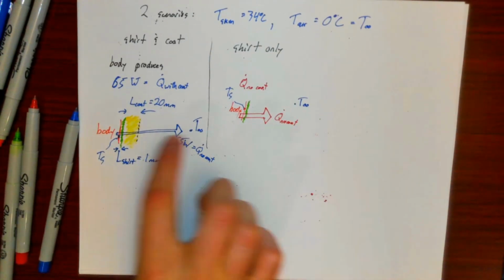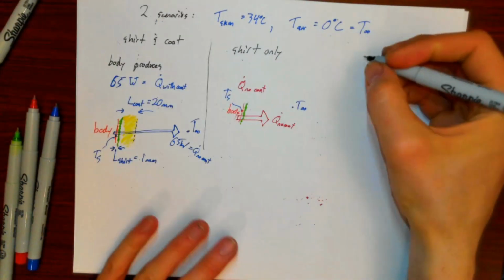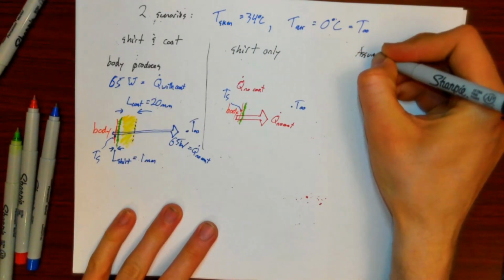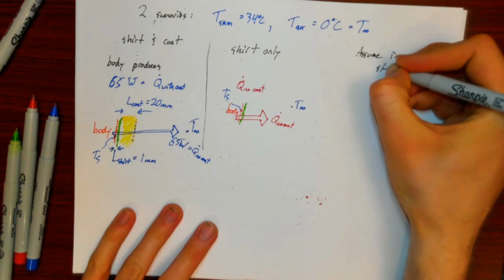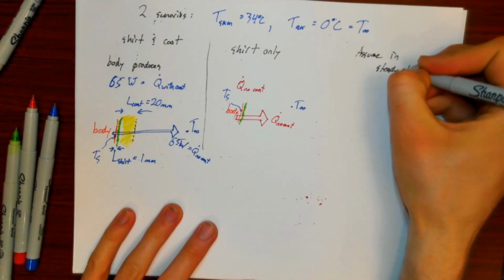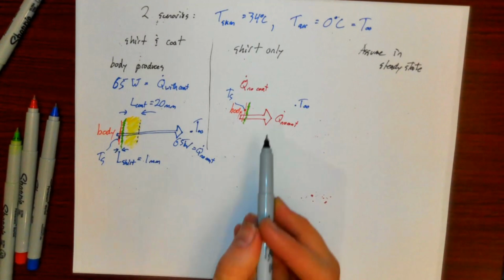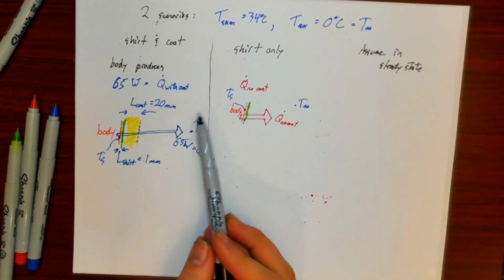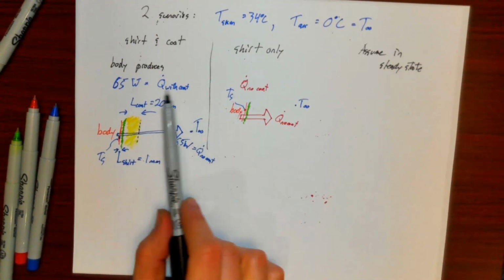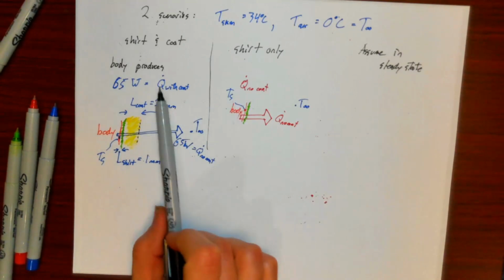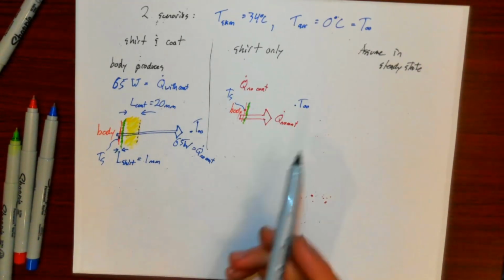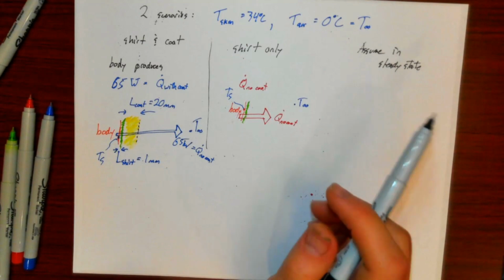So if I wanted to formulate these two systems, let's assume we're in steady state. It's not like I just stepped out of the door. Let's say I'm foolish enough to have spent a long time out in the cold, either with a coat or without a coat. So let's assume we're in steady state.